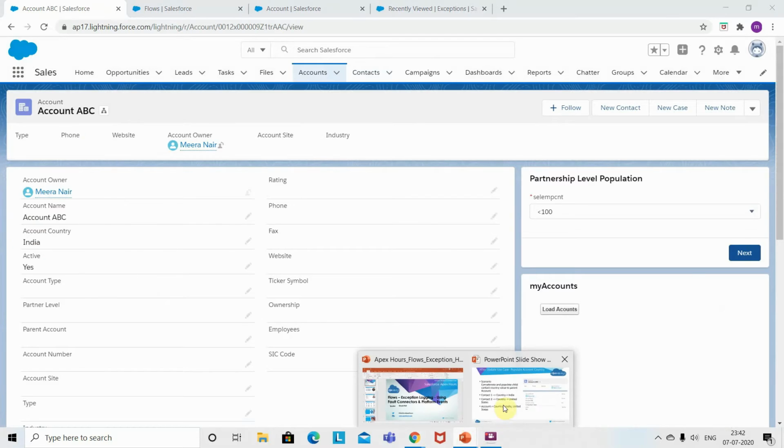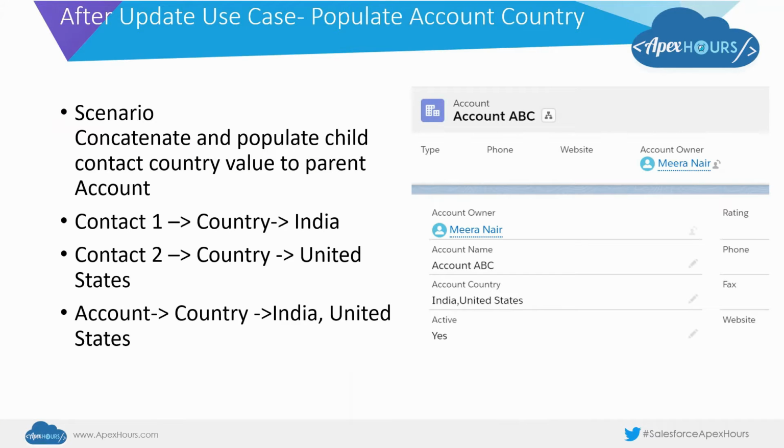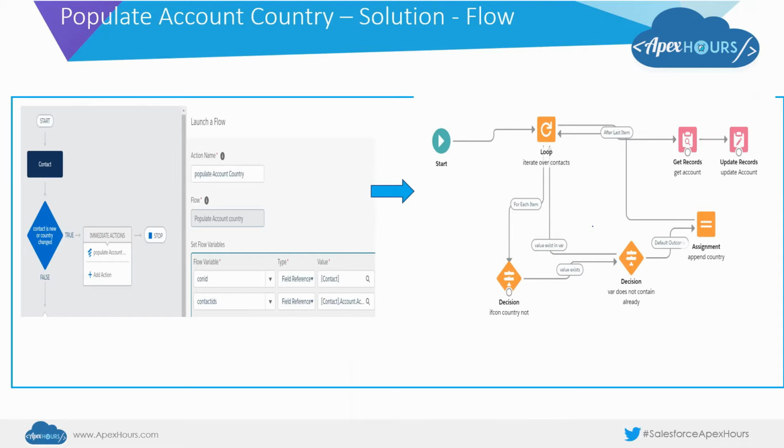So this is the expected behavior. Now we need to see how we can introduce an exception in this particular flow. Before that, this is the solution that I have implemented. It's a combination of process builder and flow. From the process builder, whenever a new contact is getting created, I am passing a couple of parameters to my flow. The parameters are basically the contact IDs under a particular account.